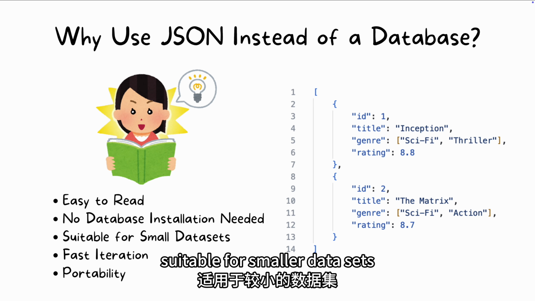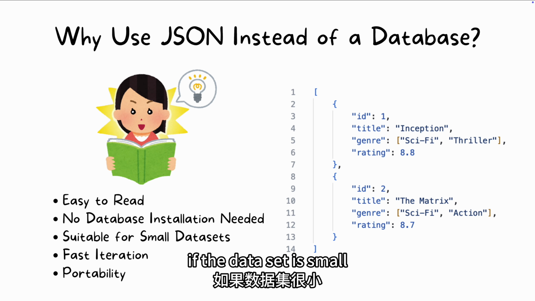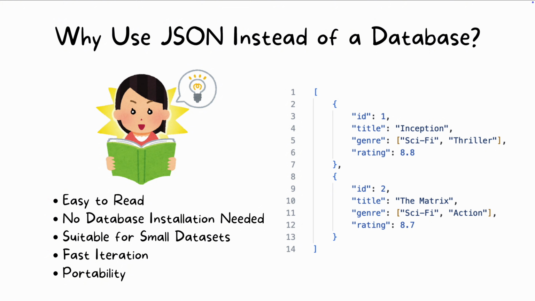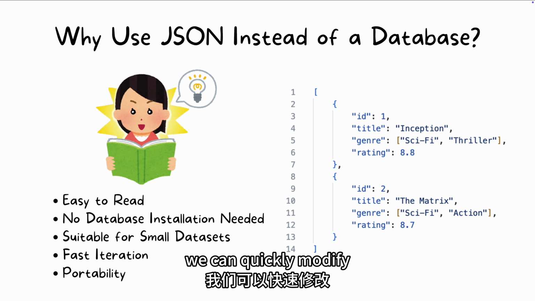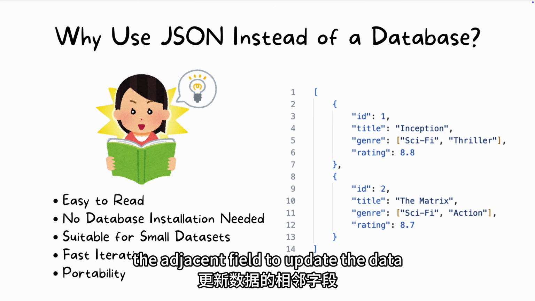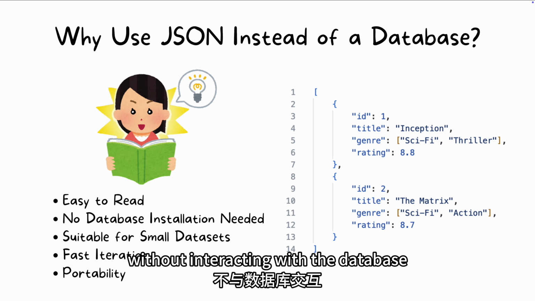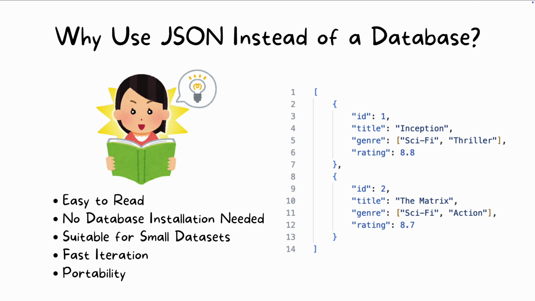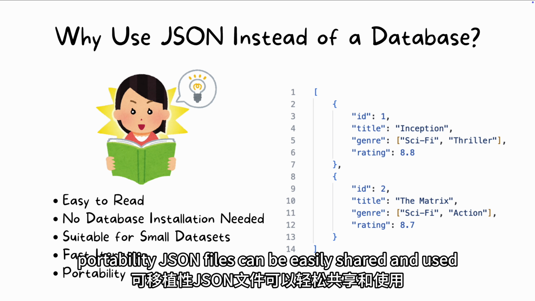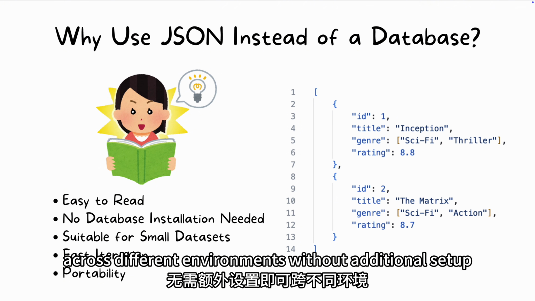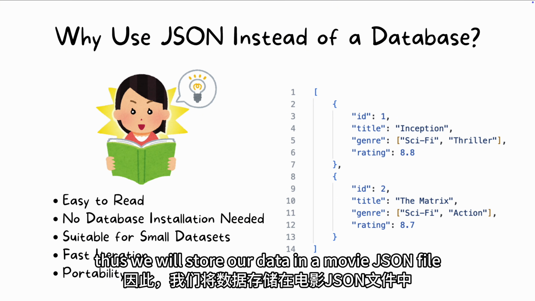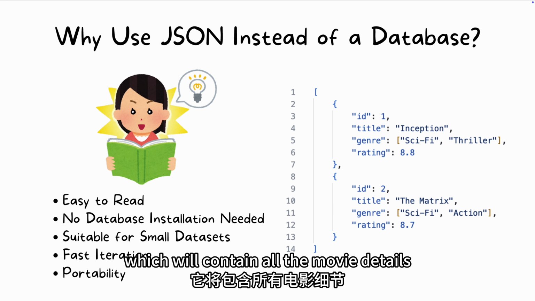Suitable for small datasets. If the dataset is small, JSON is sufficient. Fast interaction. We can quickly modify the JSON file to update the data without interacting with a database. Portability. JSON files can be easily shared and used across different environments without additional setup. Thus, we will store our data in a movie JSON file, which will contain all the movie details.